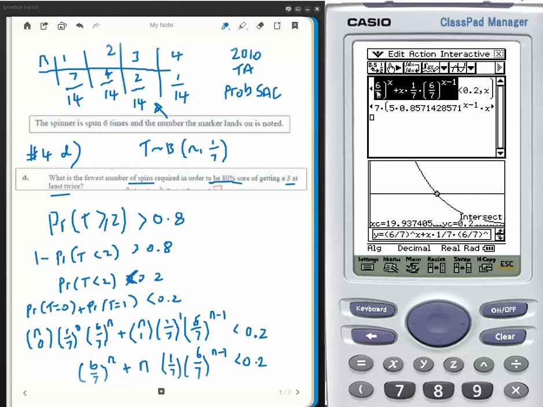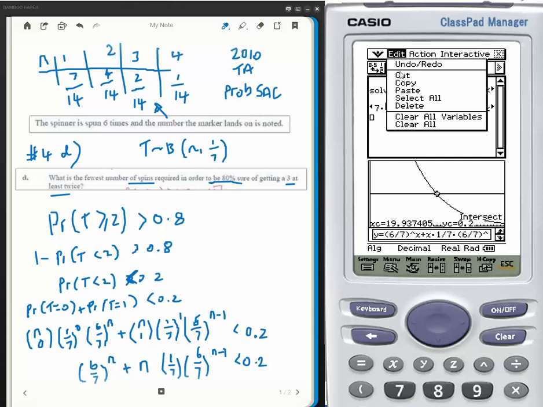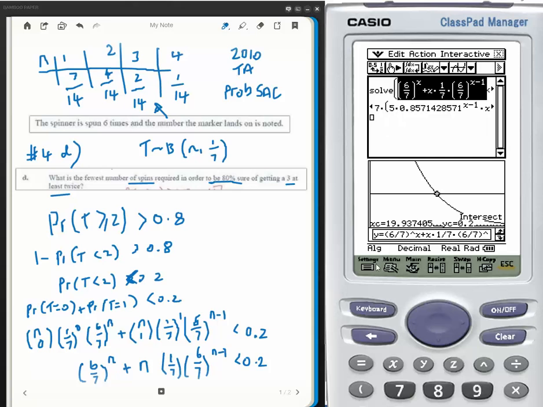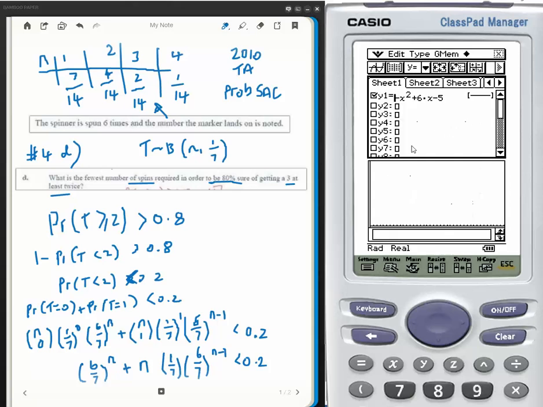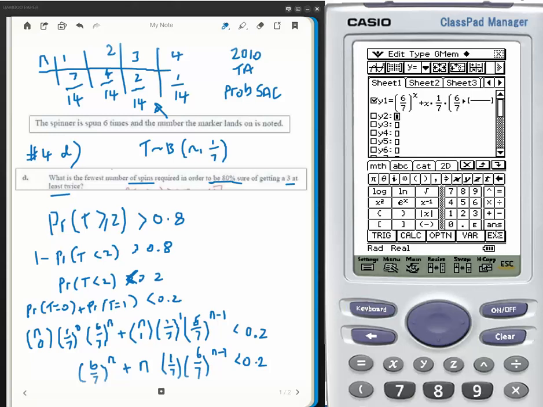If I take this and I copy it, and I jump out and I go into graphs and tables, and I paste, and I'm interested in execute.